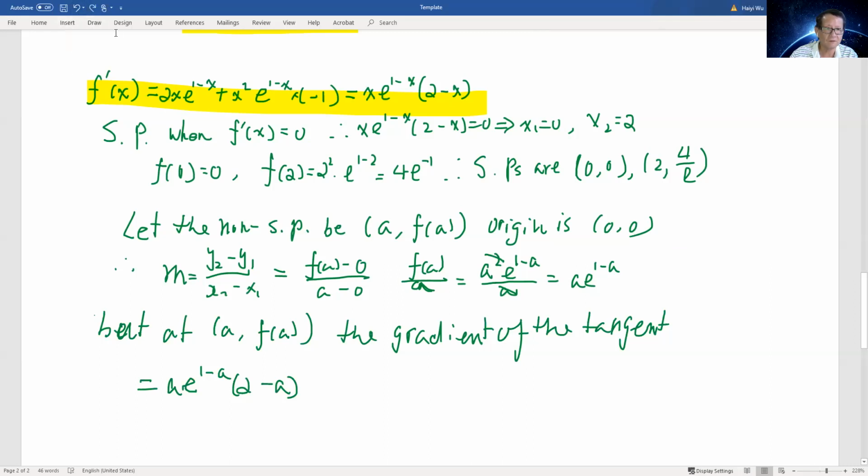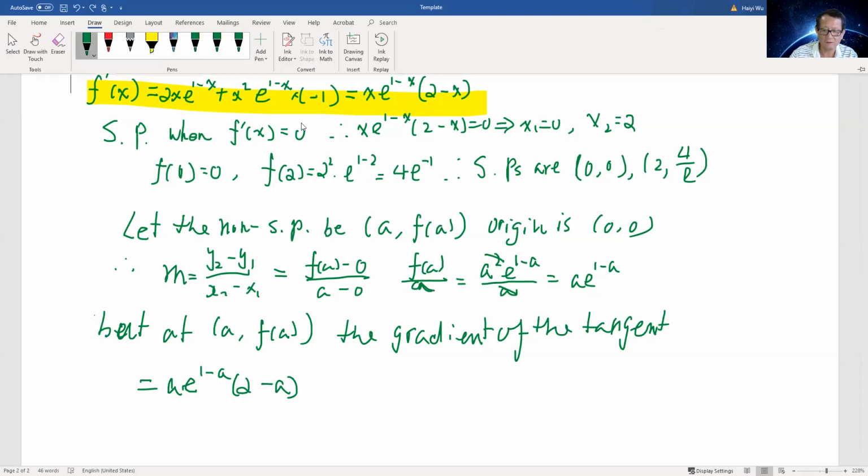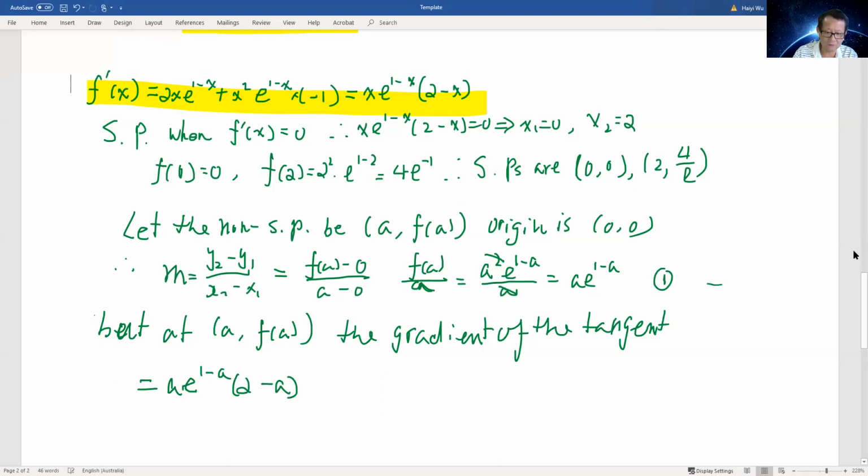The first one is here, we call equation 1, and this is equation 2. So we put them together because they are the same thing. So we say a times e to the power of 1 minus a must be equal to a times e to the power of negative a. Those two must be equal because they are the same thing.